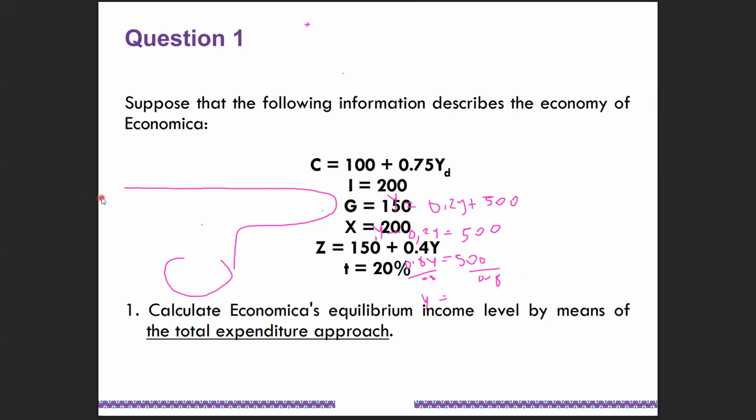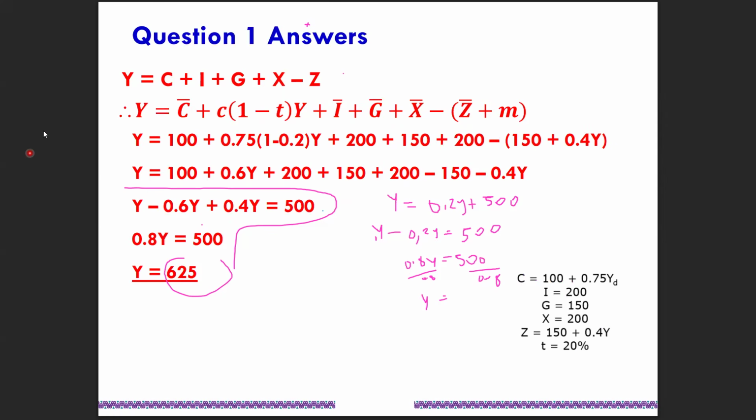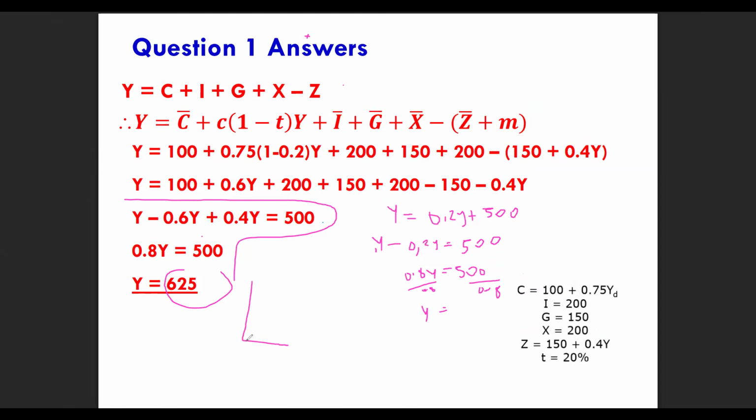And then if you were to show this in a graph, it would look something like this. So this is your 45-degree line where AE is equal to Y. Then this will be your curve. And your income here would be 625. And then your autonomous components, you're just going to add this plus this plus this plus this minus 150.